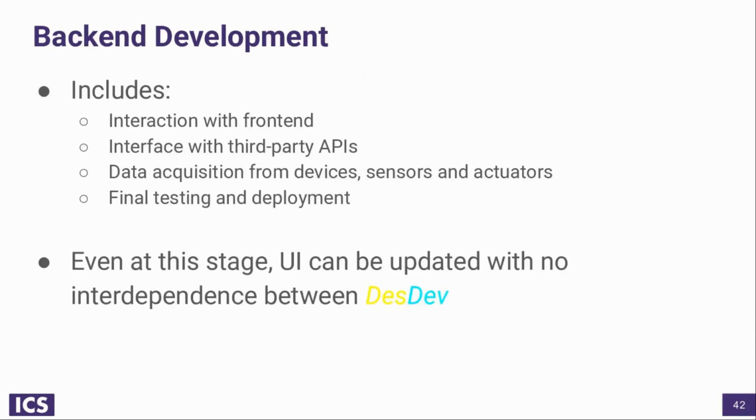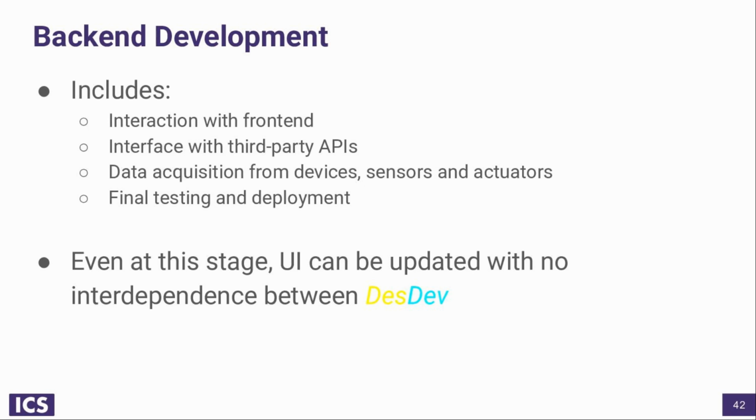Our whole backend development procedure includes, but is not limited to, first, we need to interact with the front end. Then these C++ classes interface with third-party APIs, like when you want to export data to web resources, such as sharing patient information or anything you like to the cloud.